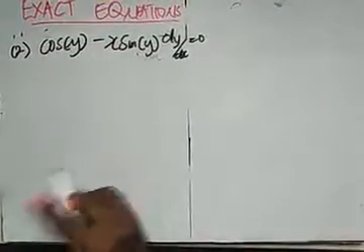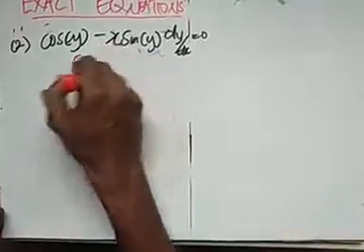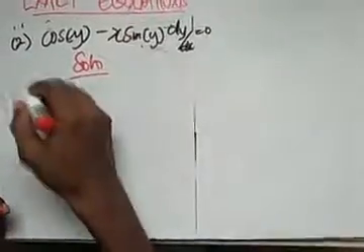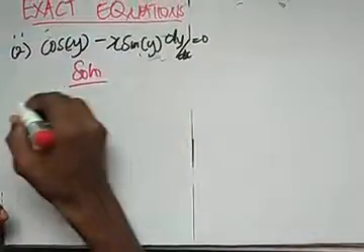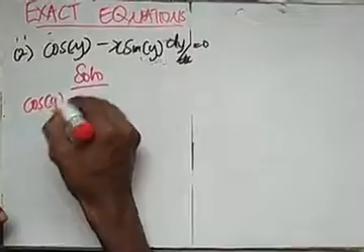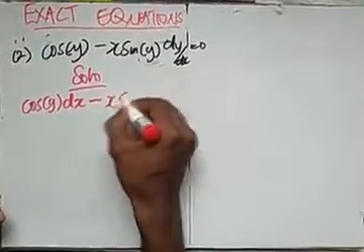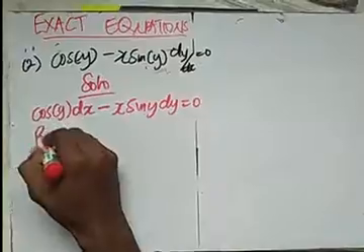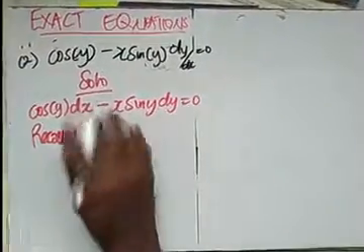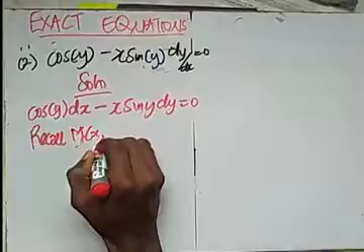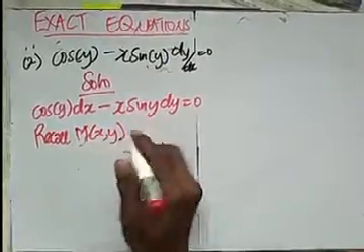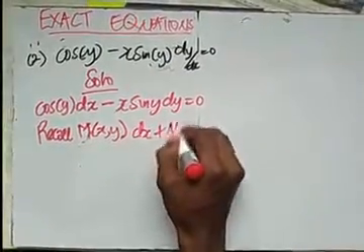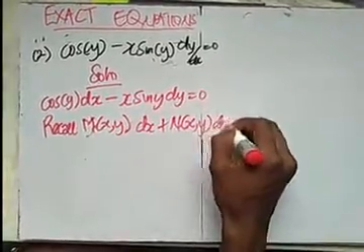So here's the problem, and we solve it using the exact equation. Our first step is to multiply through by x. By multiplying through, we obtain cos y dx minus x sin y dy equals 0. We compare this equation to the differential equation form, M as a function of x and y dx plus N as a function of x and y dy equals 0.